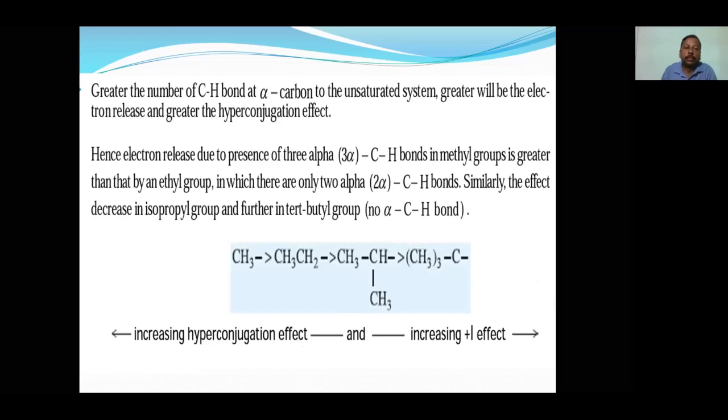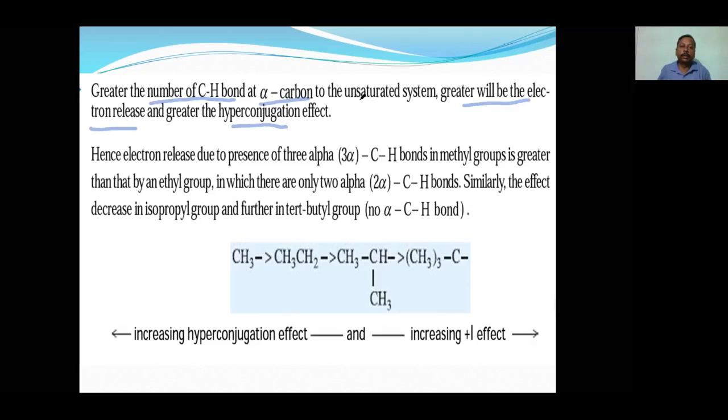Now, very important questions are not in the form of the definition, they are in the form of applications. Before going to applications you should know some basic points. Greater the number of carbon and hydrogen alpha to the unsaturated system, greater will be electron release and greater will be the hyperconjugation effect.